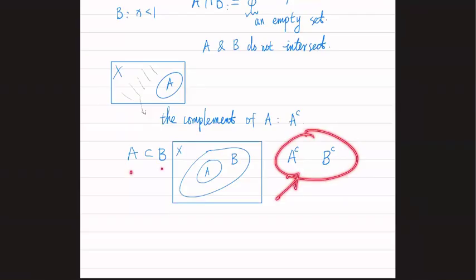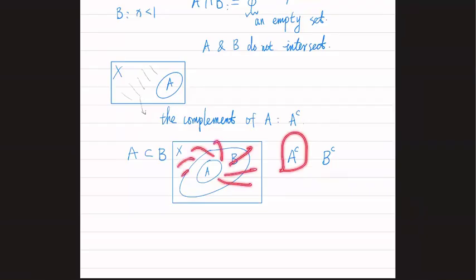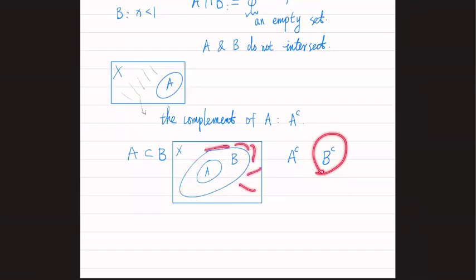A is a subset of B. Are there connections between the two complement sets? Is one bigger than the other? So the complement of A will be all the rest of A. Complement of B, the rest of B.